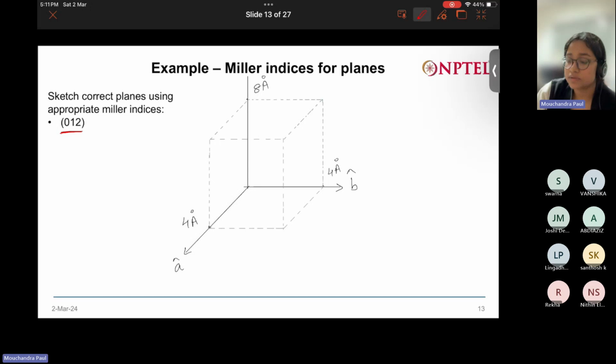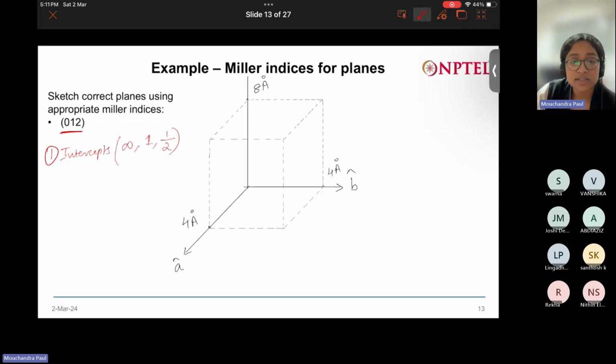Reciprocal, yes. So you have to first find the intercepts, and for that you have to take the reciprocal values. So 0, if you take the reciprocal of 0, it will come to infinity. Then 1 will remain 1, and this will become half.